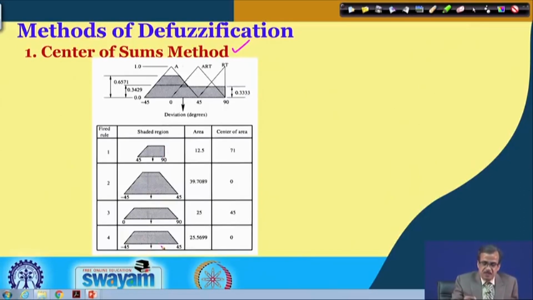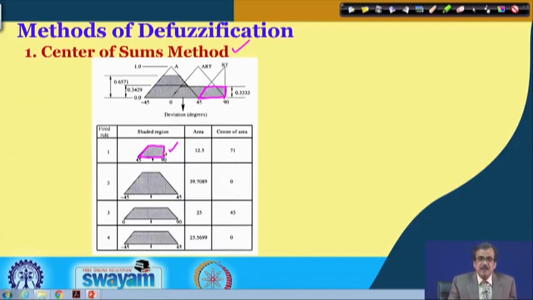For example, if I concentrate on this particular output first, this corresponds to a particular fired rule, and this shaded portion I have just drawn here. And what is our aim? Our aim is to find out what should be the area of this particular shaded portion and where should be the center of area. Now, this is very simple.